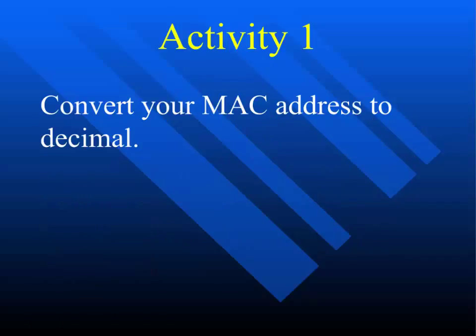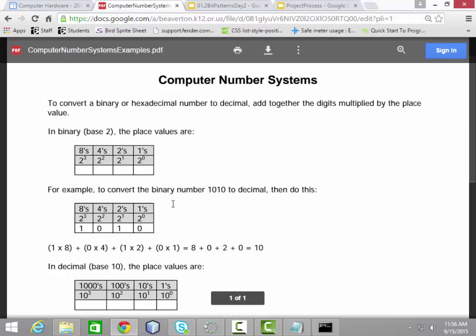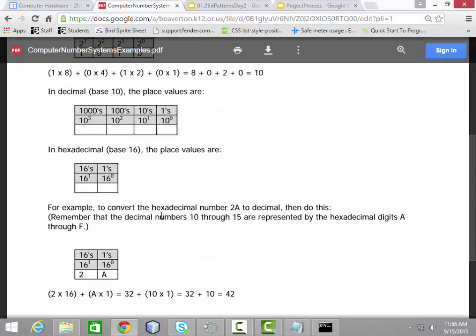So I'd like you to go out and get your MAC address and see if you can convert that into decimal. Remember, your MAC address is your physical address and it's written in hexadecimal. So you've got to convert that address into decimal. On the calendar, there's this little helper thing, binary computer number systems examples, and it shows you how to do the conversion. The one we're trying to do is this one.